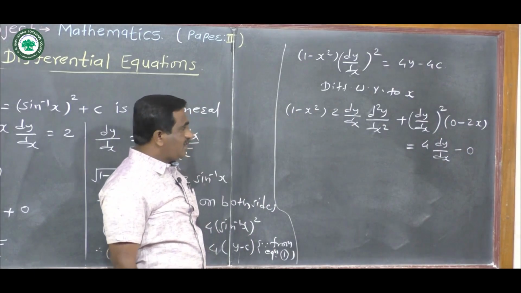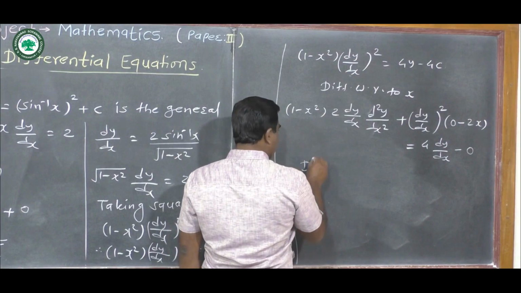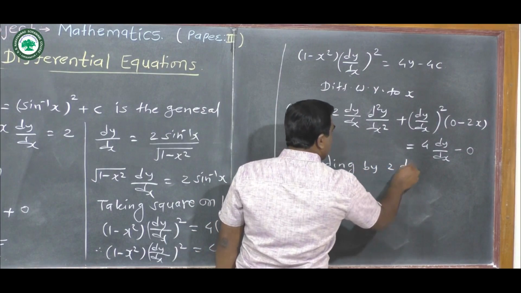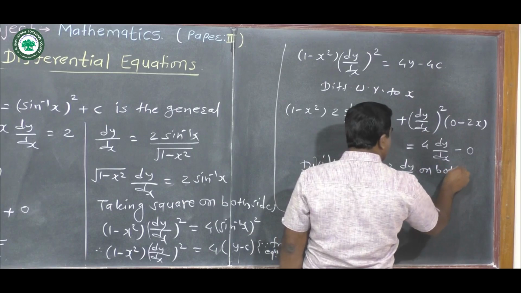Okay, now dividing this equation throughout by 2 into dy by dx on both sides.